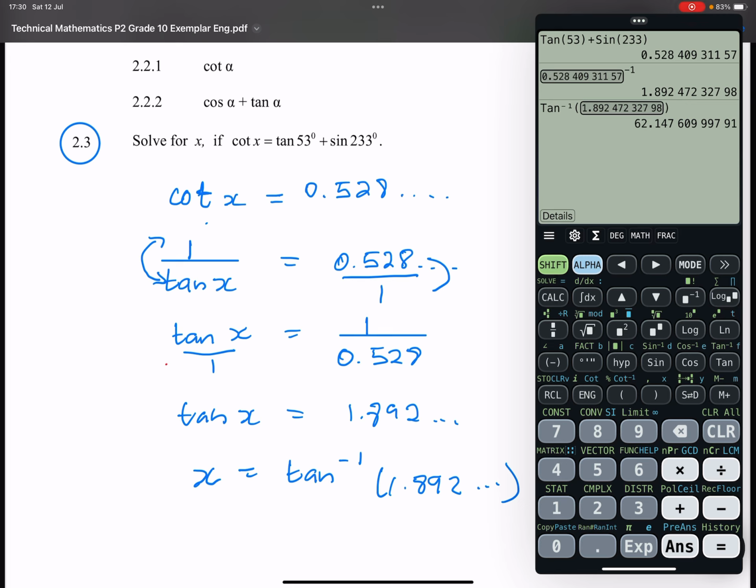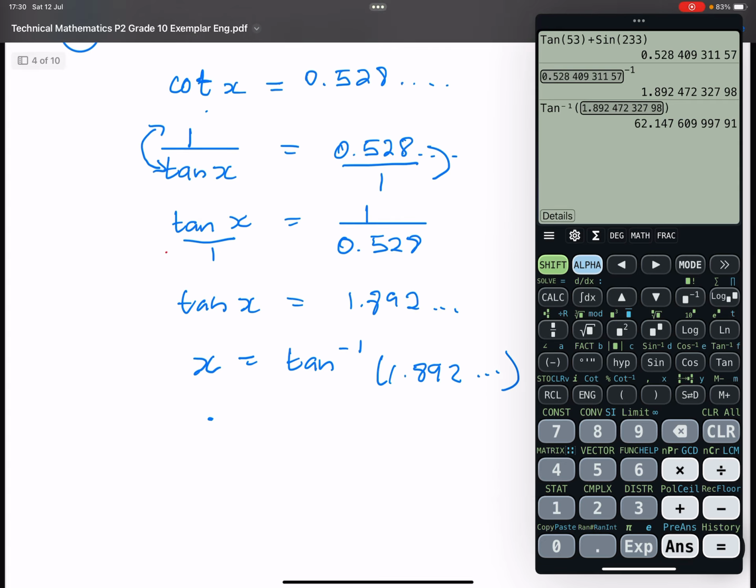Okay, and I get a value 62.15. So x would be equal to 62.15 degrees.